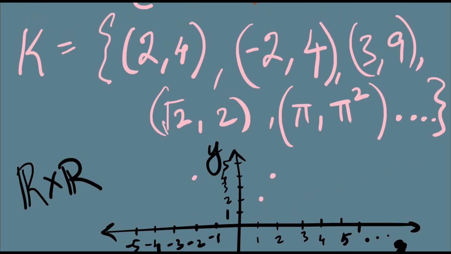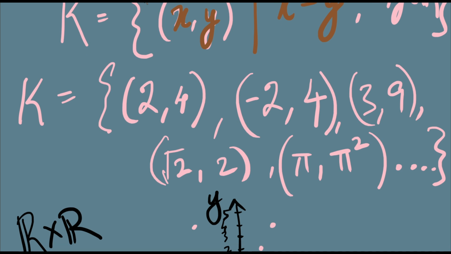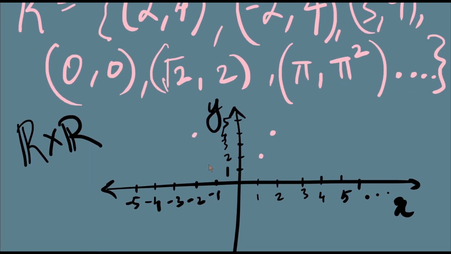Will 0 comma 0 be in my relation? We can check from this criteria. Is 0 squared equal to 0? The answer is yes, so we'll put that element in K. Let me also put in 0 comma 0, because I have a place to mark it on my axis. We'll also have minus root 2 comma 2, that will also be in my relation, because minus root 2 squared is 2.